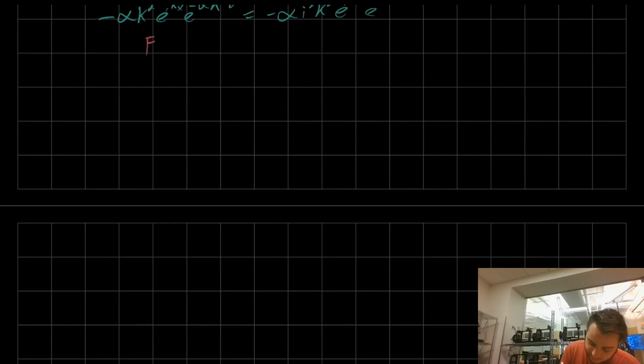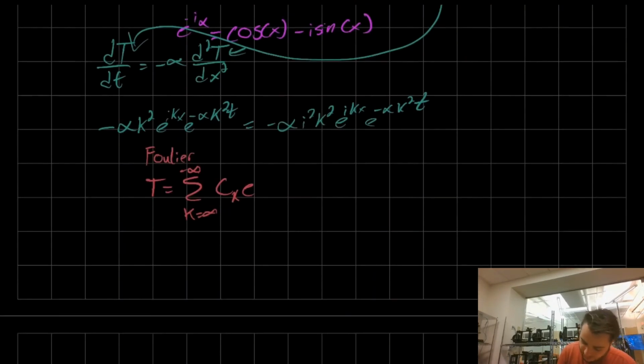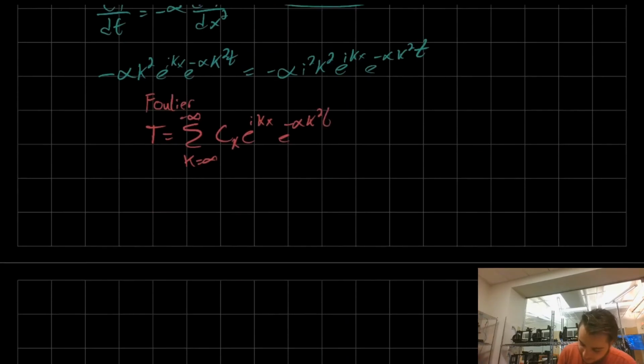So just move on. Now we have to pull out our Fourier series. So our Fourier series is how temperature is equal to the sum from k equals negative infinity to infinity of ck times this equation, e to the ikx e to the negative alpha k squared t.